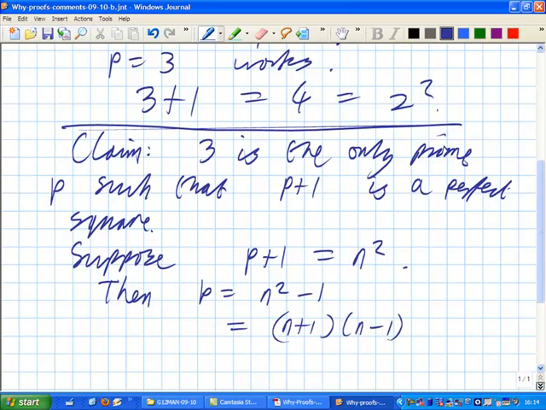That's very good. The only value of p apart from 3, n plus 1 and n minus 1 would both be factors of p which aren't p or 1, so that wouldn't be a prime number. Okay, so you're going to argue that 3 is the only one that works because these factors can't both be sort of genuine factors. You've mentioned p and 1.